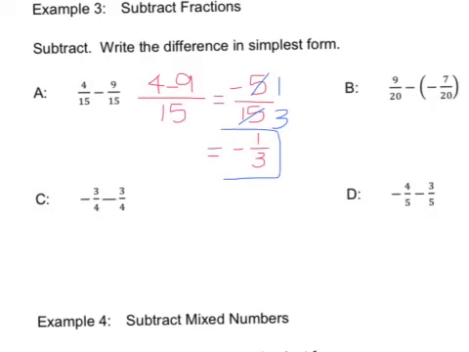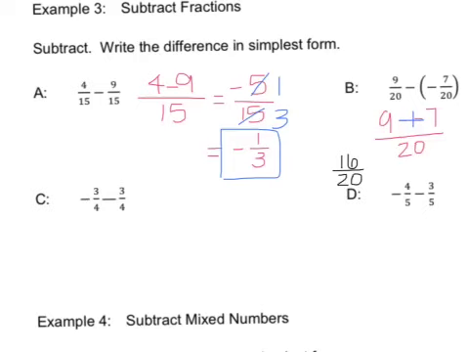Okay, remember to always reduce your fractions. All right, same idea for B. So we have 9 over 20, so we have 9 minus negative 7, and we put the 20 on the bottom. Since we are doing minus and negative, they come together and become a plus. So we have 9 plus 7, which is 16 over 20.